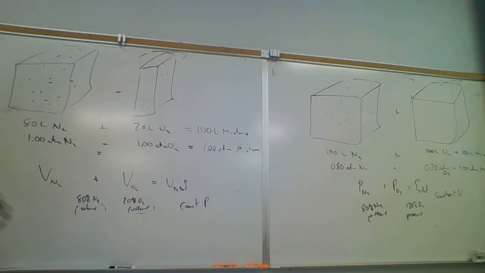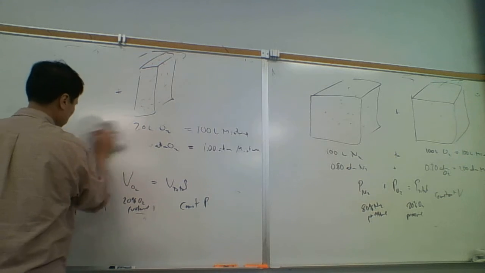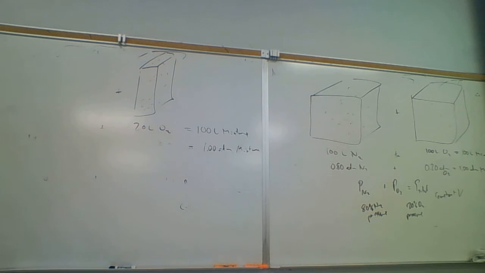So let's try a little example here. We know that air is going to be about 80% nitrogen. And so if I have 100 liters of air at 100 atmospheres, how much nitrogen do I have? 80 atmospheres? Okay. I'd have 80 atmospheres in how many liters? 100 liters.